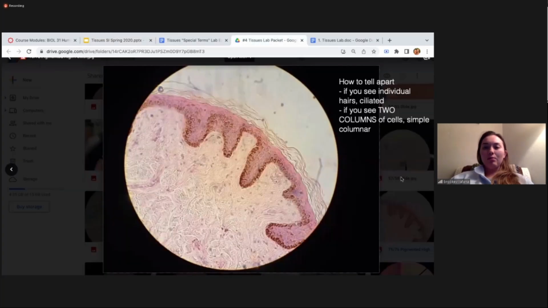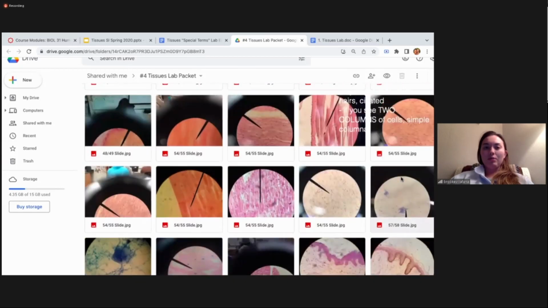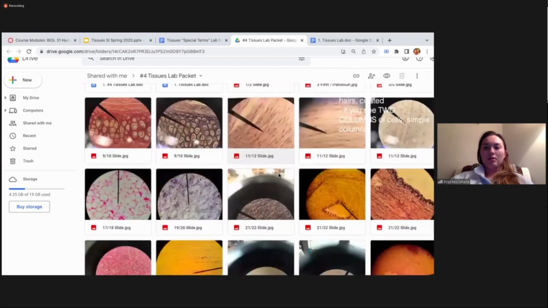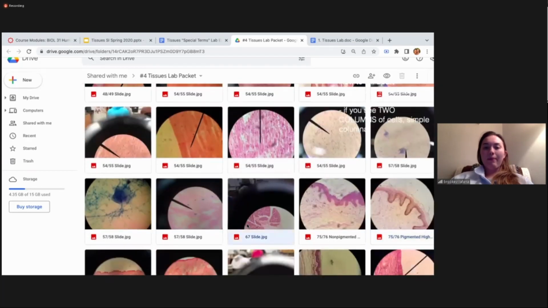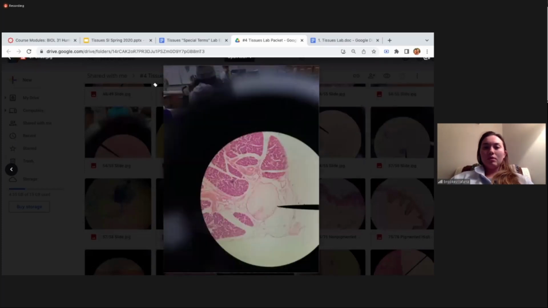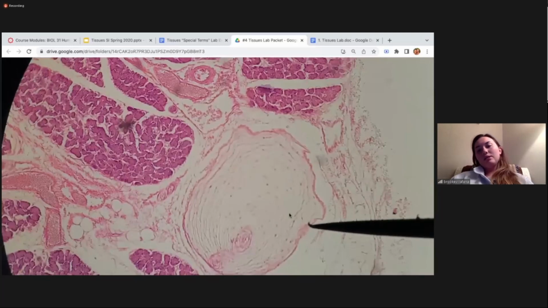I'm going to go here because we have a better example of the Pacinian corpuscle where I can actually zoom in for you guys to see it. All right, so let's zoom in here. Do you guys see how it almost looks like somebody took an onion and cut it?